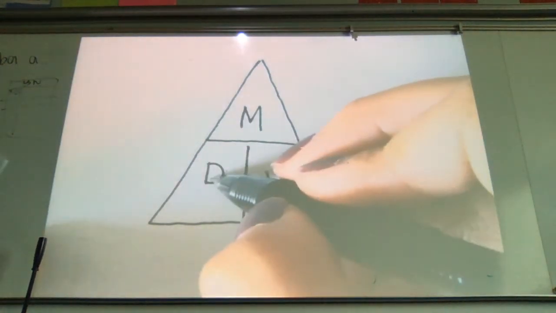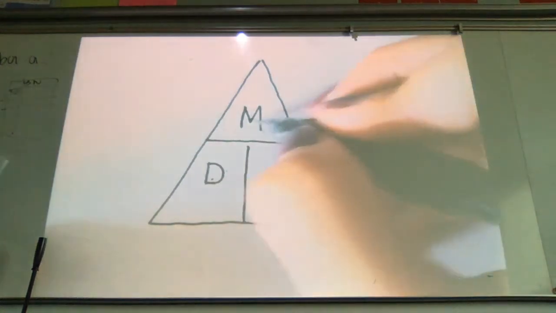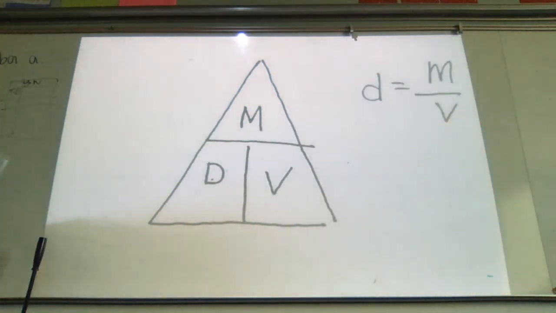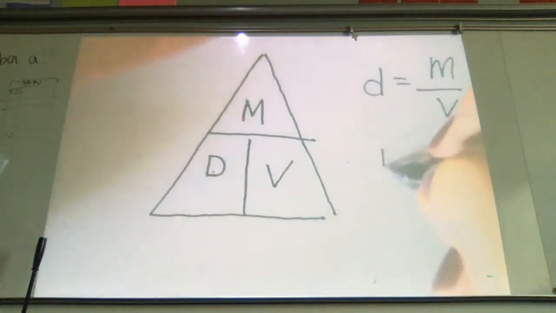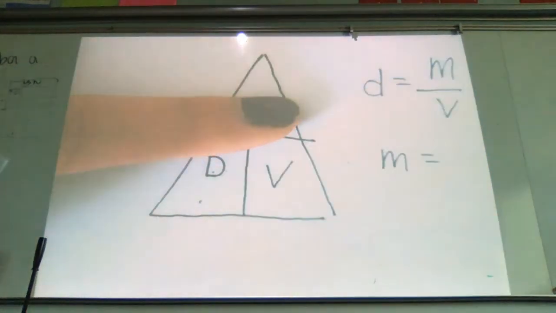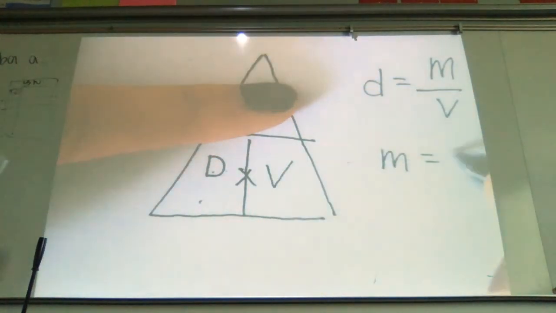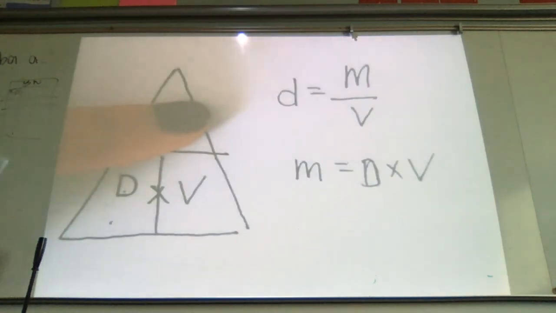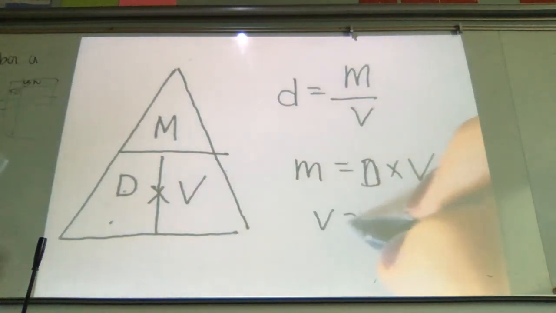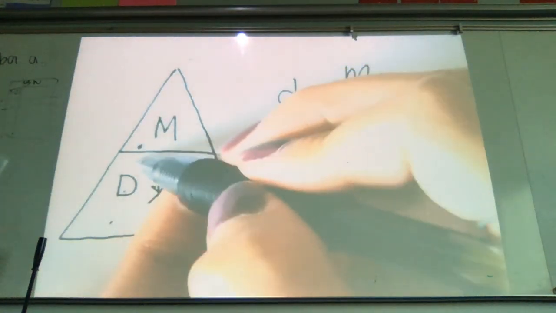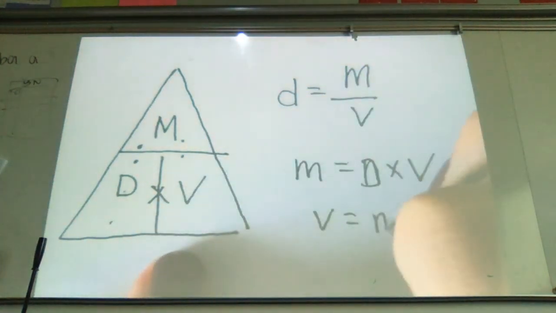And you can see that density equals mass over volume. You can see that mass equals density times volume. And you can see that volume equals mass divided by density.